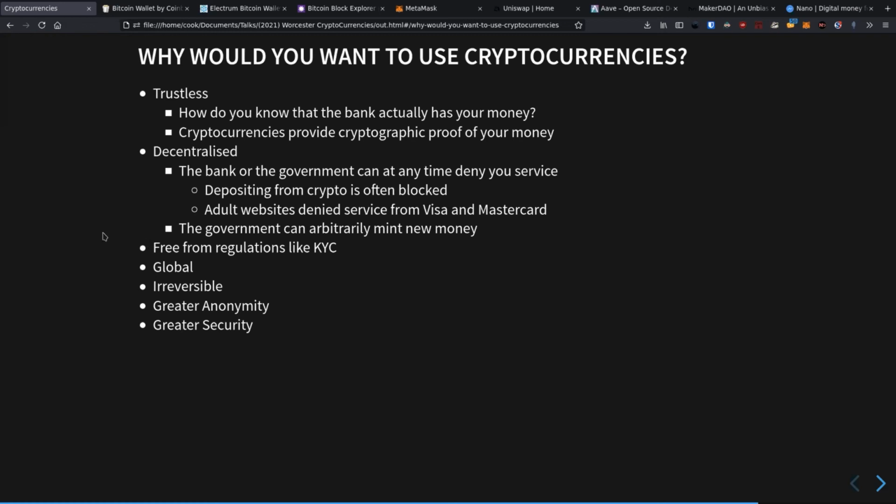And also there's always the risk that the government can just print your money, which of course they're doing right now. But with cryptocurrencies, the network agrees on what money is minted. So you're free from regulations. It's global. There's no restrictions on who you can send money to. You can send money abroad just fine. It's irreversible. There's no chargebacks that you have to worry about. And it's greater anonymity, because Bitcoin's pseudo-anonymous.